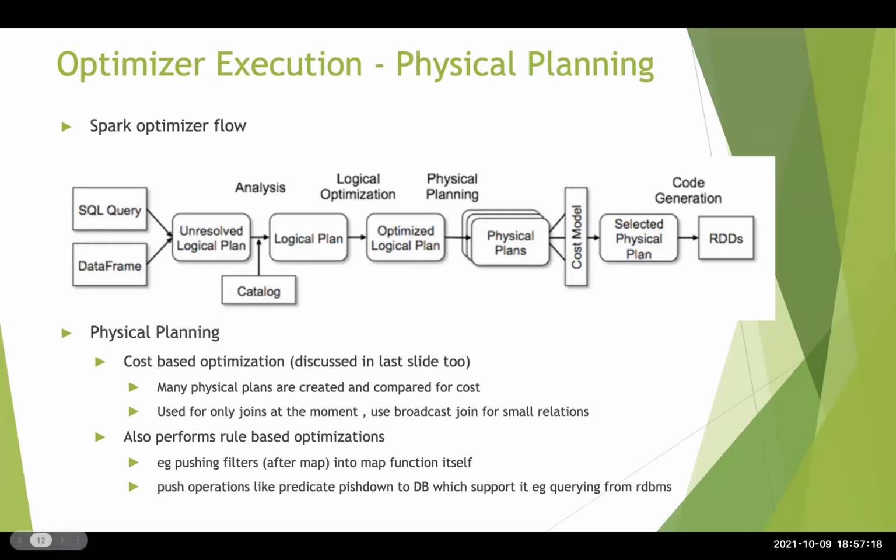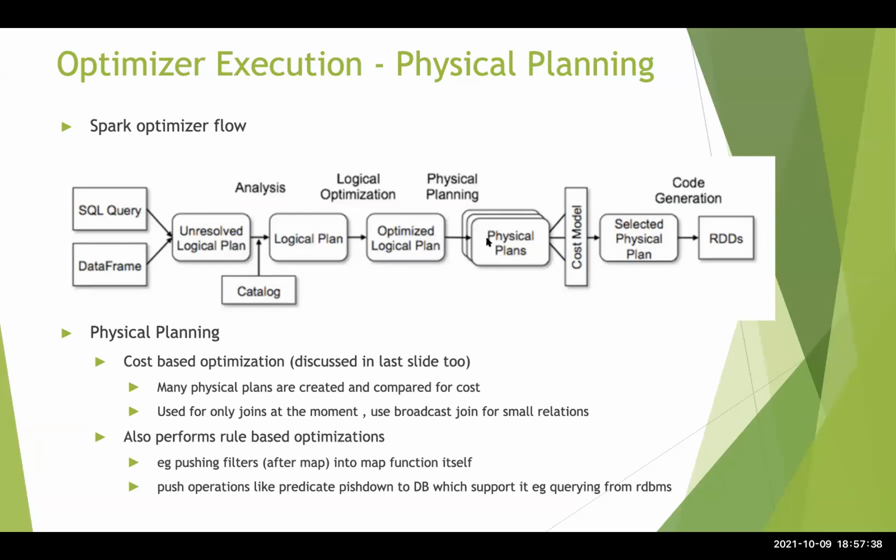Physical planning, which is this. We discussed this cost-based optimization in the last slide too. So many physical plans are created, right? It will try to create many physical plans, and based upon the cost, which is only for joins at this moment, it will try to see which physical plan suits better.